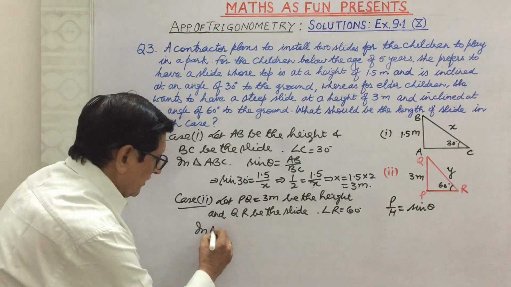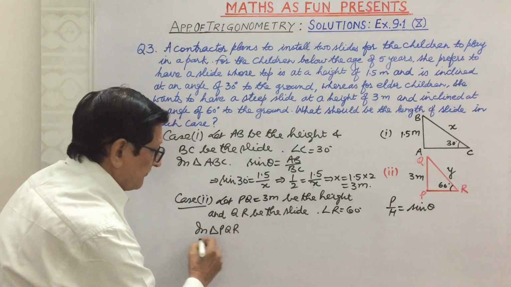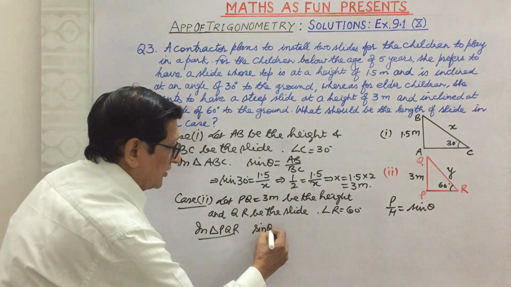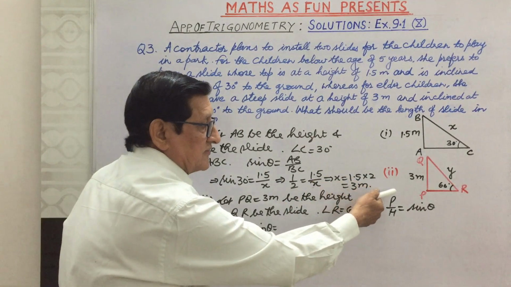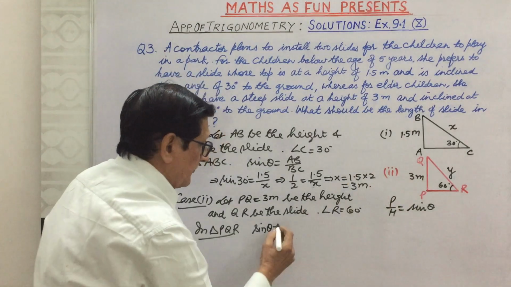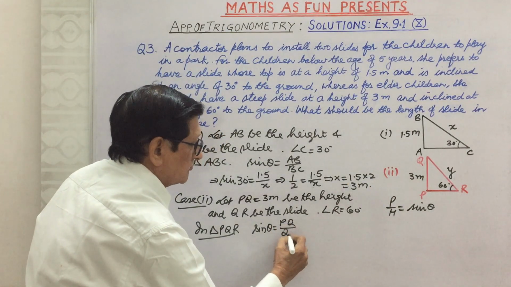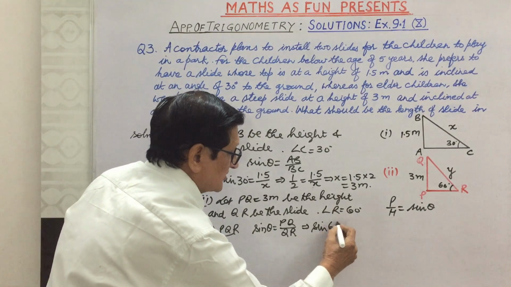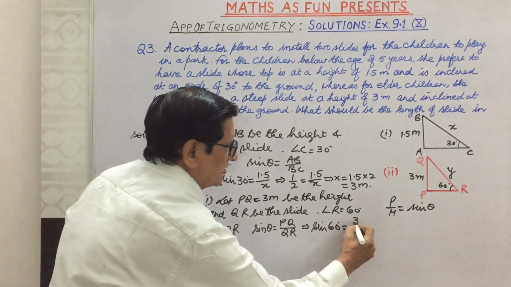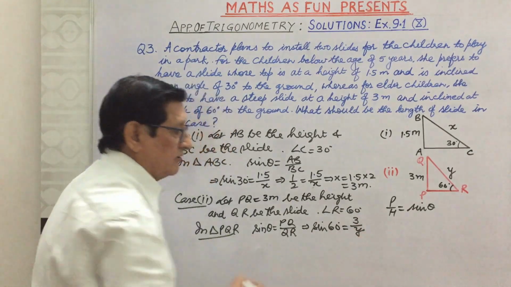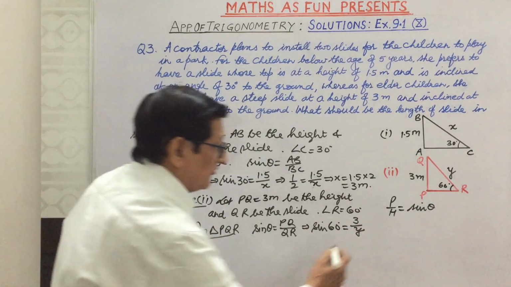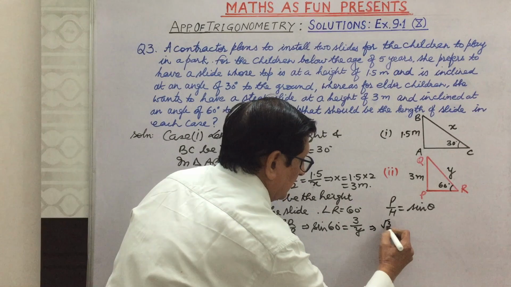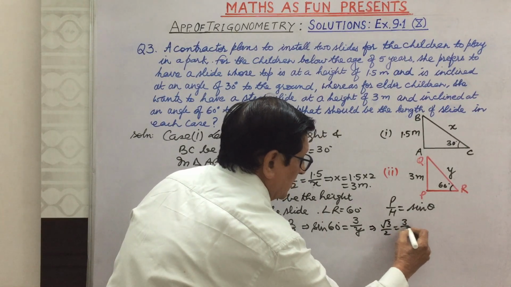In triangle PQR we apply sine theta only, but here sine theta is PQ upon QR. Theta is 60 degree, so this is sine 60 is equal to PQ is 3 upon y. The value of sine 60 we know is root 3 by 2, that is equal to 3 by y.